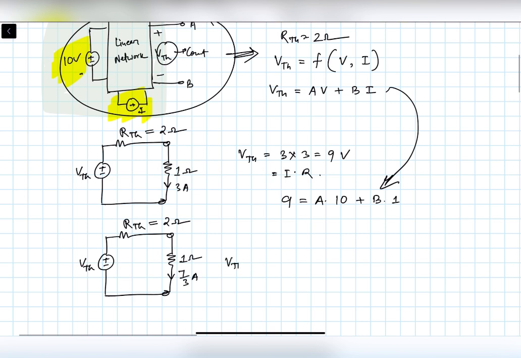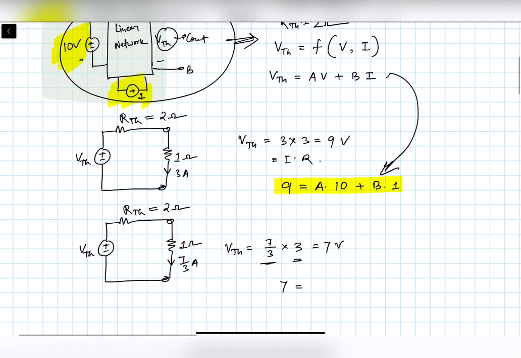Here we will get VTH is equal to 7/3 into 3, that will be 7 volt. 7/3 is the current and 3 is the resistance, that is 2 plus 1. So the next equation will be 7 is equal to A into 6 plus B into 1. This is equation number 1, and this is equation number 2.